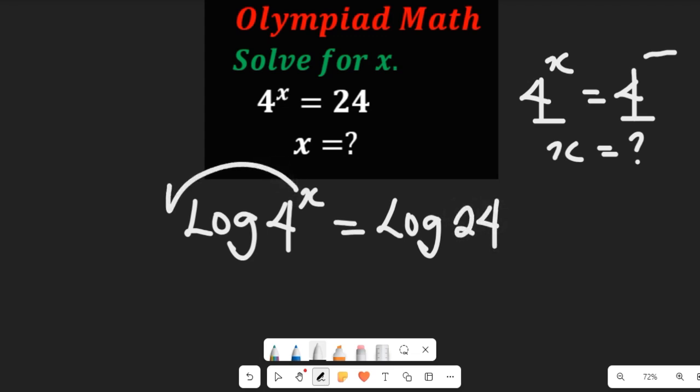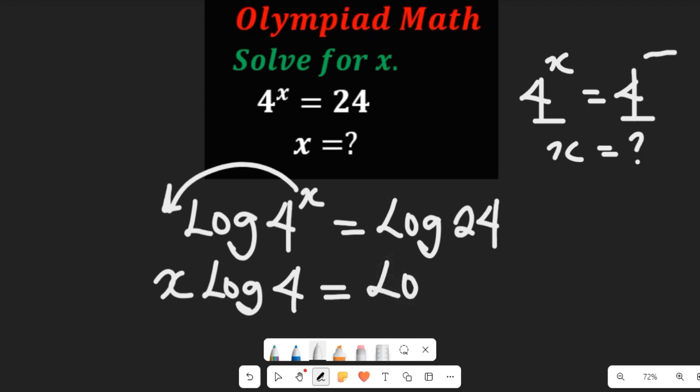According to the law of logarithm, this will multiply the logarithm and this will give us x multiplying the log of 4, right? And this will be equal to, remember, 24 can be expanded to give us 4 multiplied by 6. And that will give us the log of 4 multiplied by 6. Great.